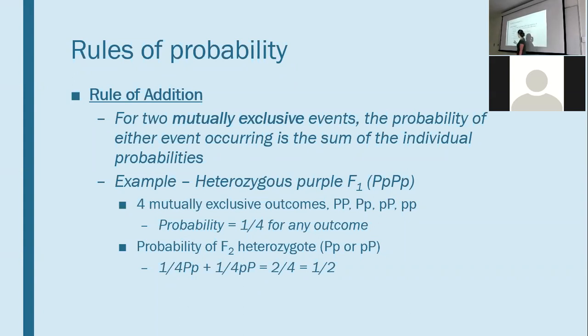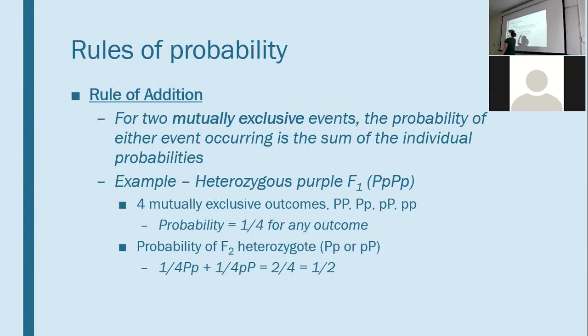Each one has a 1 in 4 chance: 1 in 4 chance that it's big P, little p, and 1 in 4 chance that it's little p, big P. So there's a 2 in 4 chance that you get either of those. So there's a 1 in 2 chance that you have a heterozygous offspring, or half.